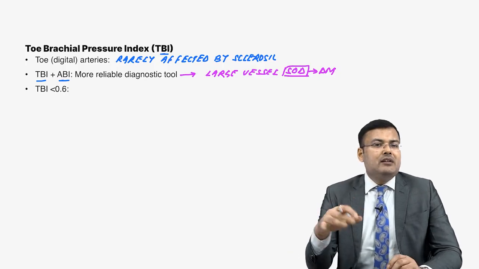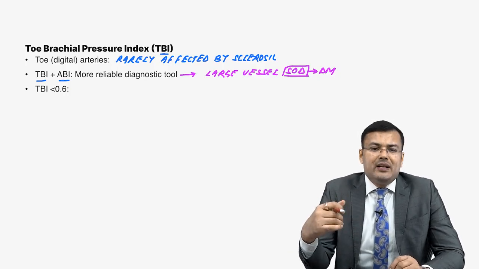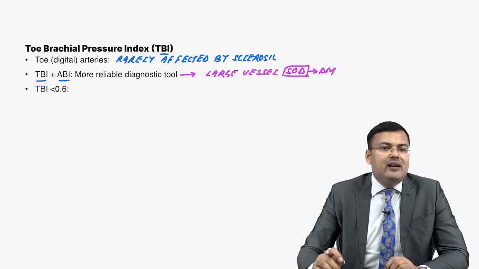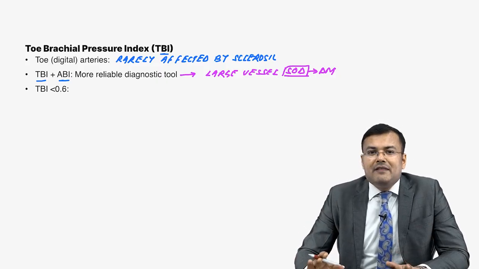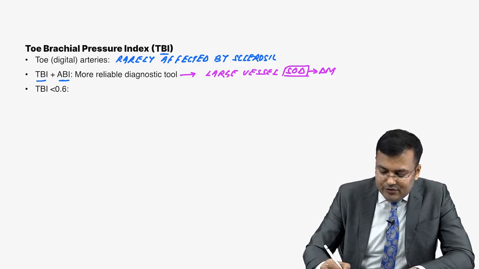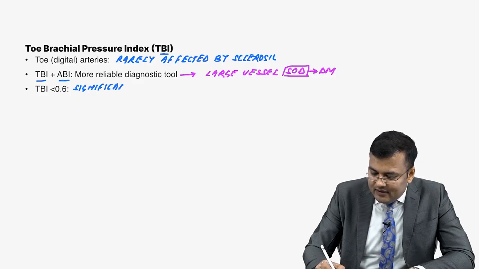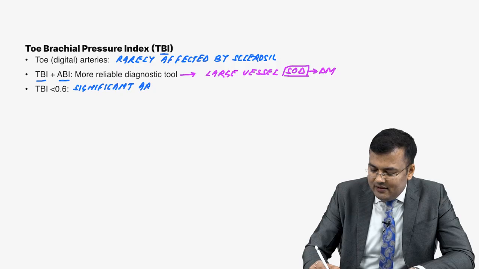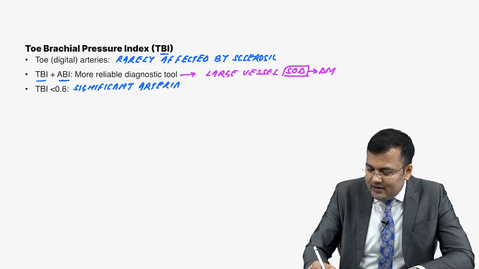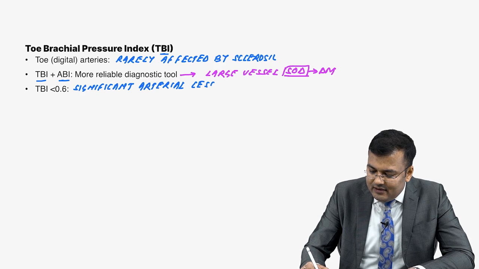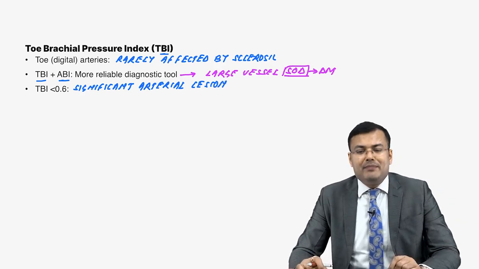Clear? And whenever TBI, that is toe brachial pressure index, is less than 0.6, it is suggestive of significant arterial lesion. So guys, you have to remember, it is suggestive of significant arterial lesion. So that is toe brachial pressure index.